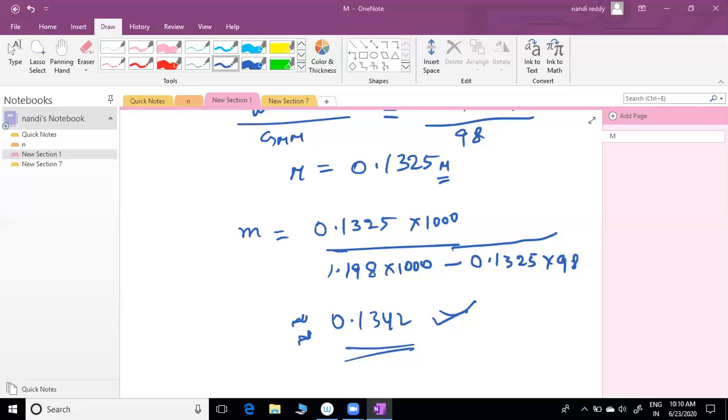Calculate this properly. Is it correct or wrong? You can find out. The formula and everything is in front of you. Just make the calculation and do that.